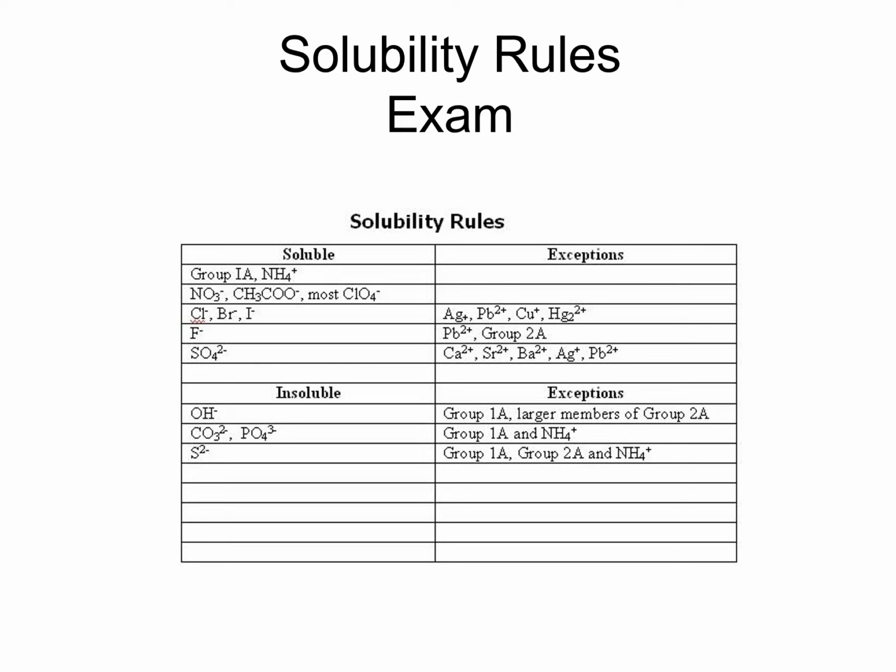The solubility rules, well, they're important. But what's most important is that you know how to use them and not that you have them memorized. And so for the upcoming exam and for exams to come where it's necessary to have solubility rule information, I will provide you with the solubility table that you see here on this slide. It's up to you to look over the solubility table and know how to use it.